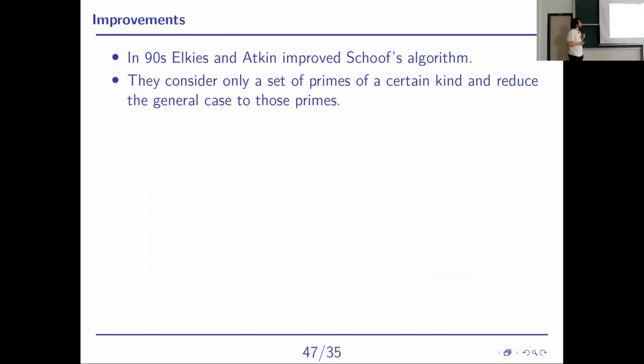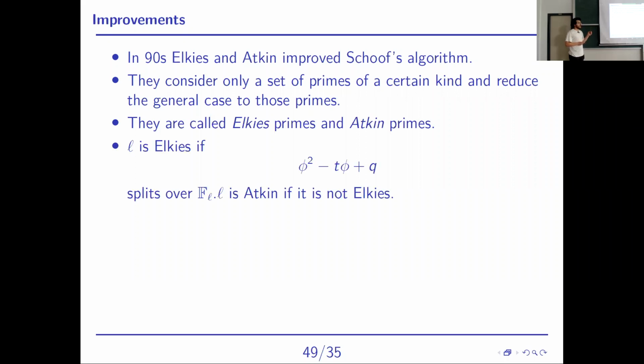Remember, we originally had a set of primes Li that are prime factors of our N. They reduce those sets of primes to special sets of primes called Atkin primes and Elkies primes. A prime number L is Elkies if this characteristic polynomial splits over FL. If it's not Elkies, it's called an Atkin prime.